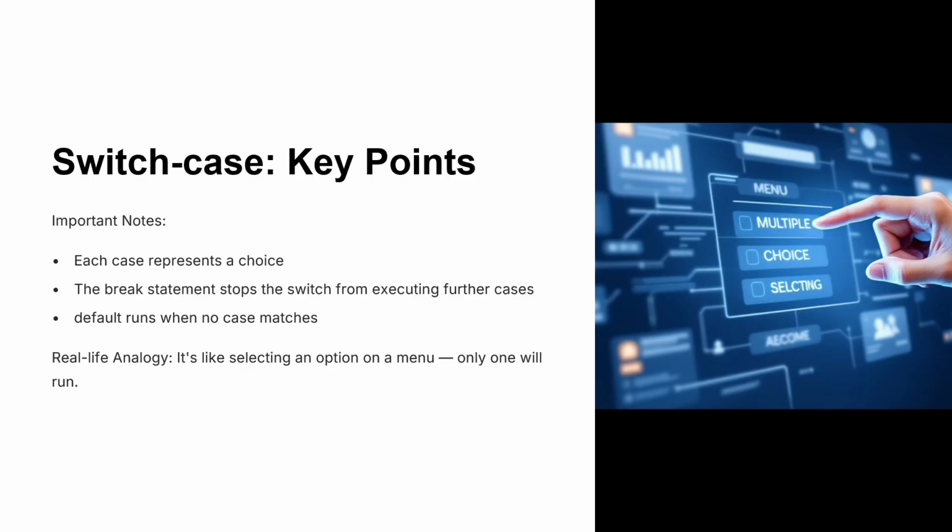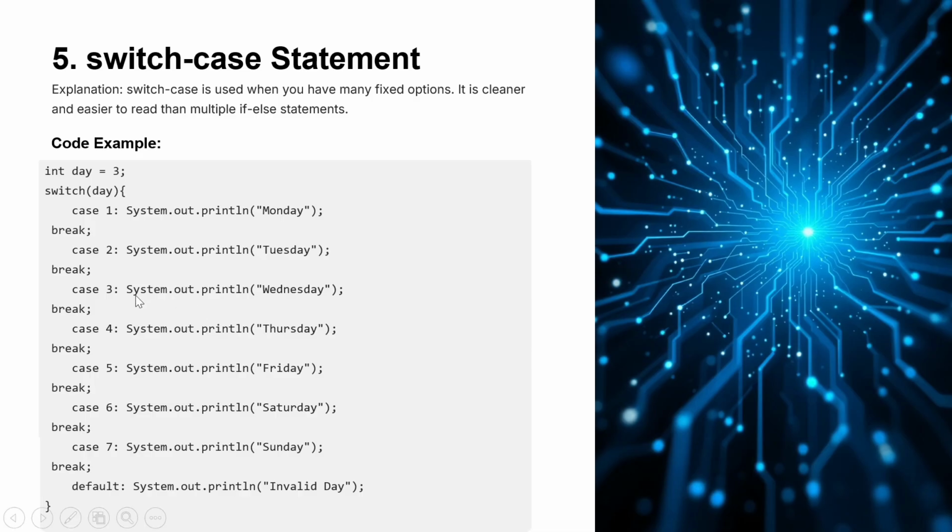Now we should see where we can use the switch case, and what the important points are to note when we use it. First, each case represents a choice. Second, the break statement stops the switch from executing further cases. Like we can see in every case there is a break statement.